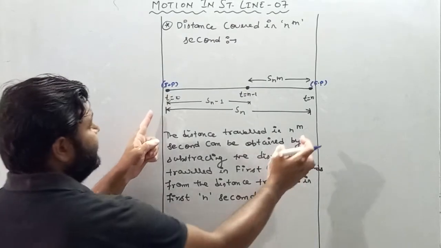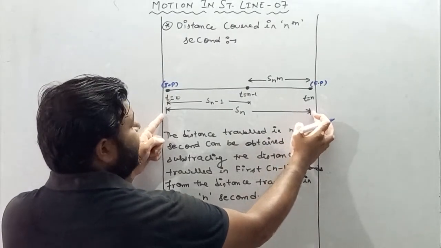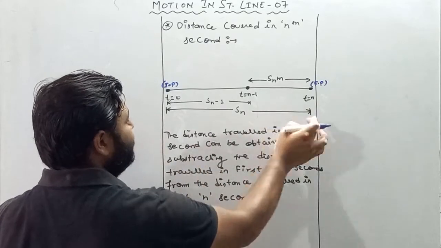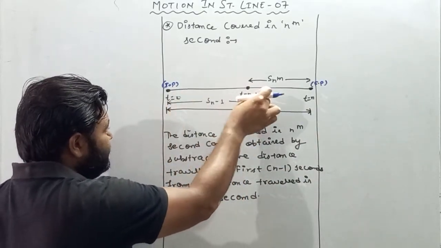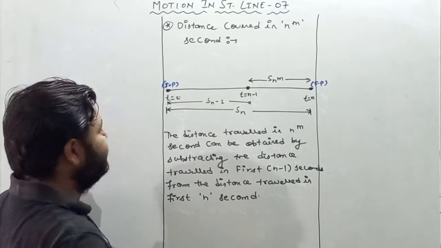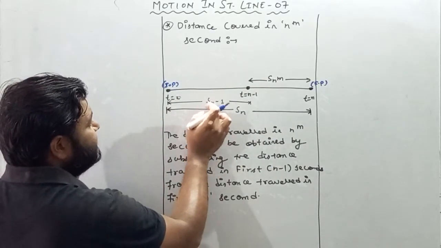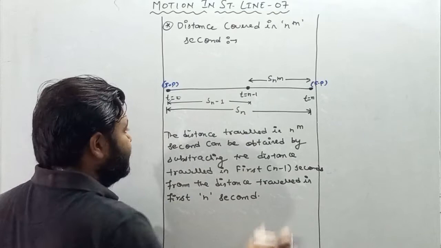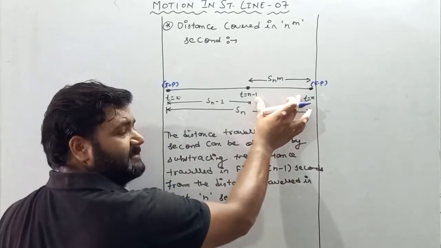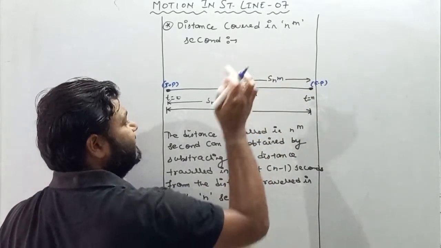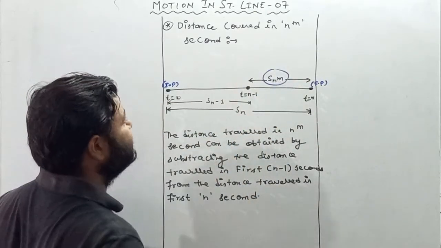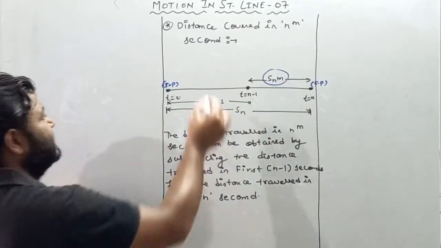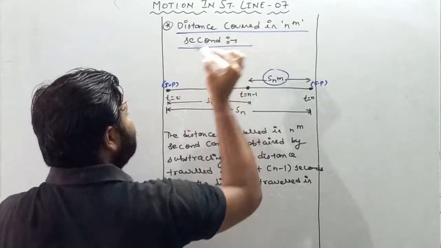So my dear student, if between initial point and final point the total distance is Sn, then from t is equals to 0 to t is equals to n minus 1 the distance must be Sn minus 1. The remaining distance will be the Sn distance. So we have to find this distance, that is, the Snth distance covered in nth second.